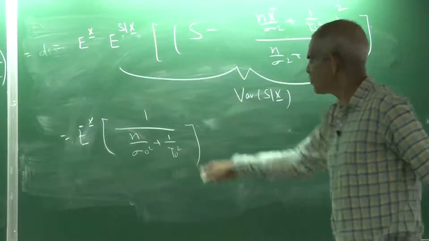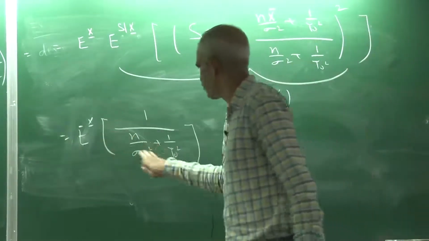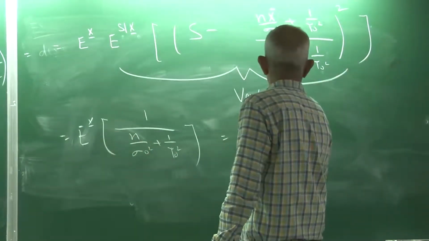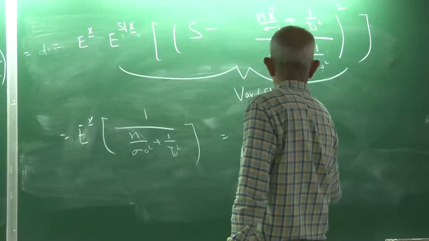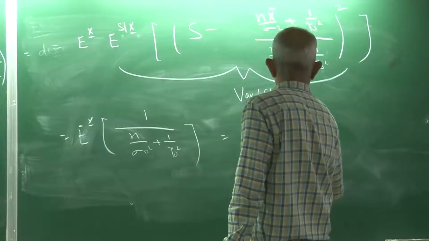This is a constant. It is not depending on x, so this expectation would be the same as this constant, 1 upon n by sigma naught square plus 1 by tau naught square.